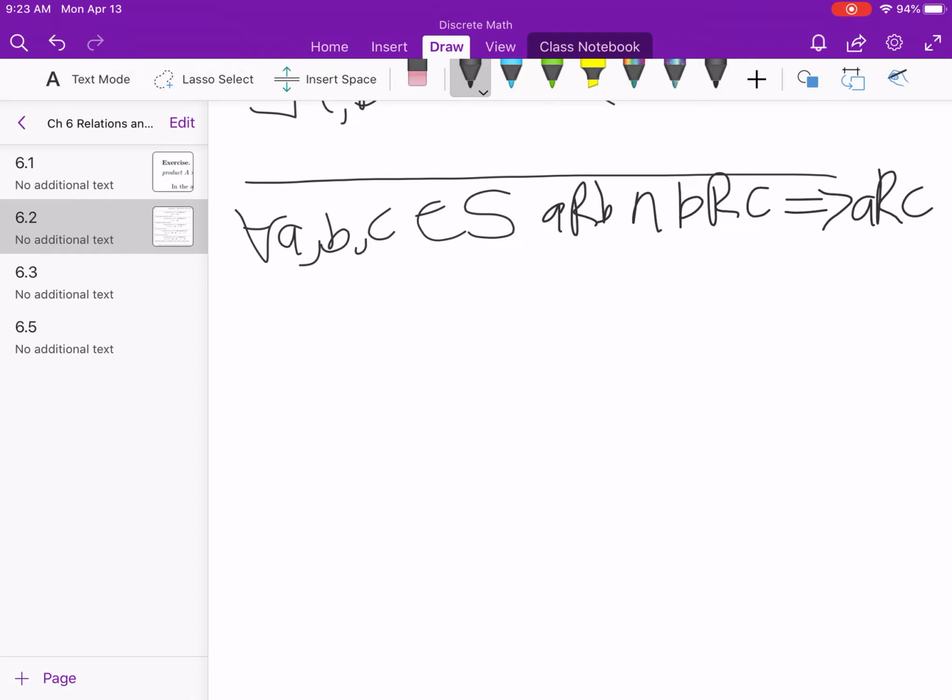But let's look at the negation of this. Once again, if I negate it, I'm going to get an existential statement. So we're saying there exist elements A, B, and C in S such that A is related to B and B is related to C, but A is not related to C is basically what's going to happen here.